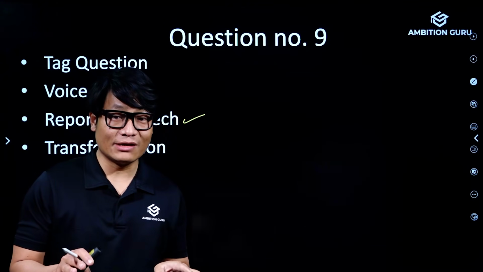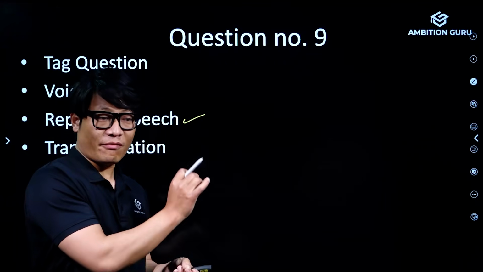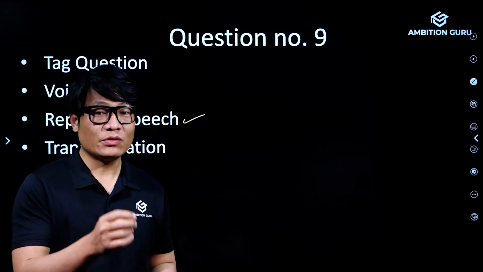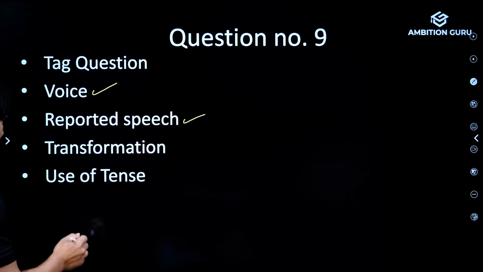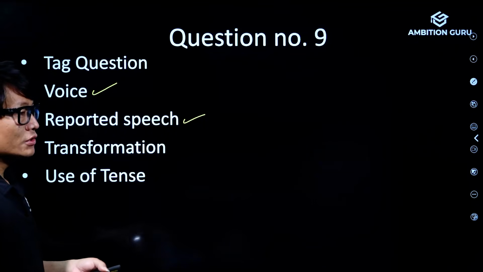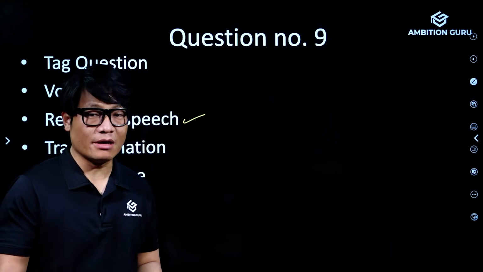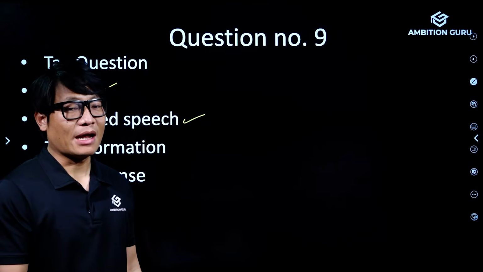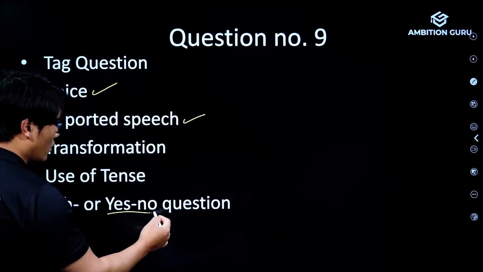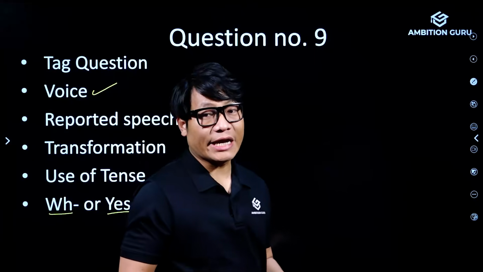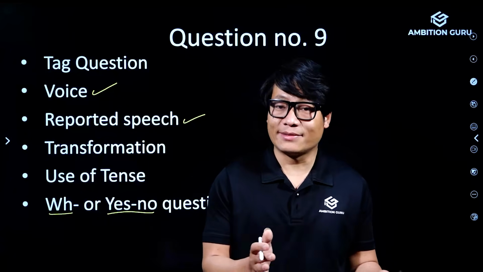And boys and girls, you need to understand while changing the affirmative to negative, we need to even check the words. Okay, next is here use of tense. So use of tense means use of verbs. You know that, use of verbs. So we will practice that also. And next is WH questions or asking questions. So we need to make WH questions or asking questions.